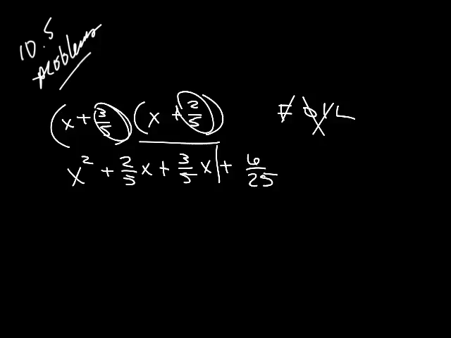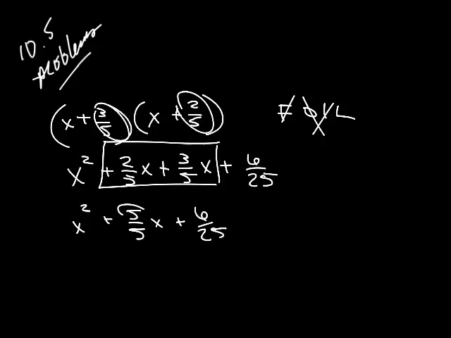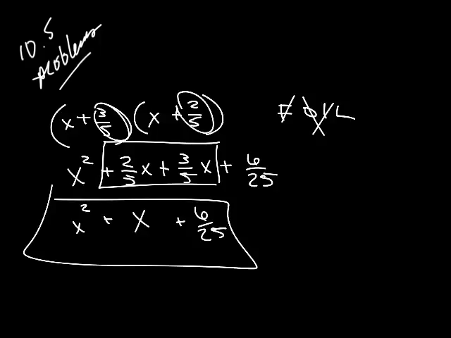And again, with FOIL, the O and the I, the outside and the inside, the two middle ones, usually you can add together. So that gives me 5/5 x plus 6/25. 5/5 is 1, so I can just leave that as 1x. And that ends up being your answer for number 16.